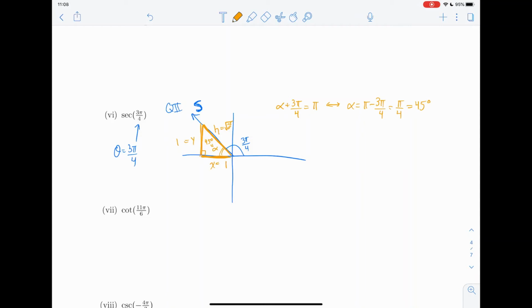Now, if you so choose, you could be careful about the fact that in this case, since we're in quadrant 2, this x value is moving in the negative x direction, and this is what's causing, via "All Students Take Calculus," sine to be the only positive trig function. And so one way you can integrate the positive and negative check is you could realize that x here, you could write this as a negative 1 if you so chose.